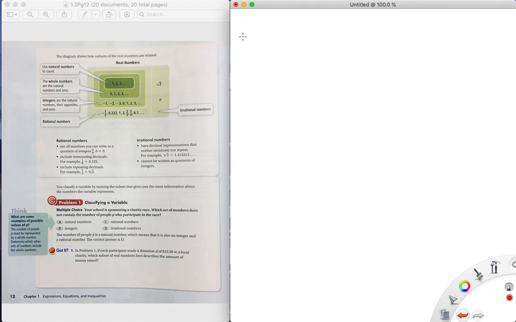And that's because there's a situation here where it doesn't necessarily build. The reason why it doesn't build is because of this. So, irrational. Examples: dot, dot, dot, negative square root of 3, 0, 1/2, pi, dot, dot, dot.